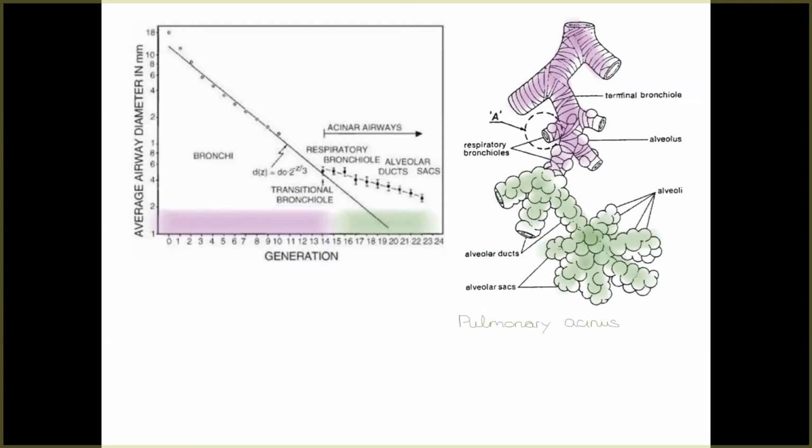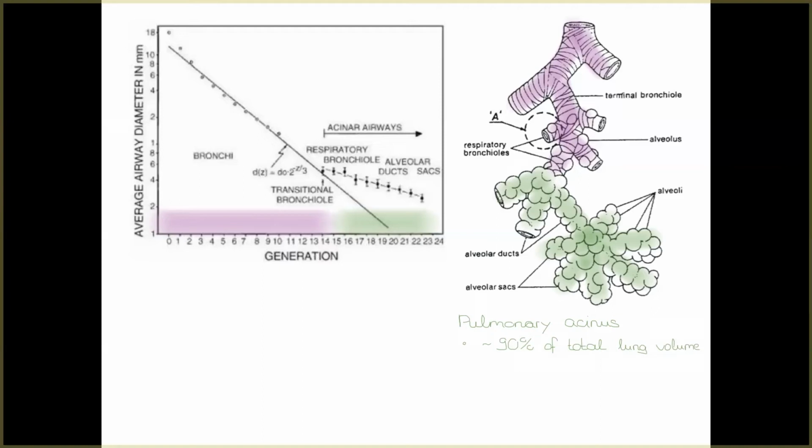You can think, if we go down to about generation 16 and we calculate how many such sacs exist, I think it's about 10,000 or 30,000, just to give you a number. But there are many, many of those. So at every point at about generation 16, we can cut off and we get one of these cauliflower-looking objects. And these are called pulmonary acinus.